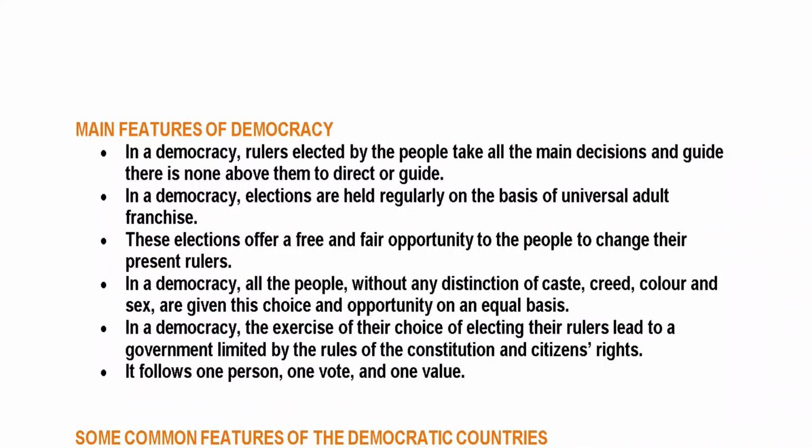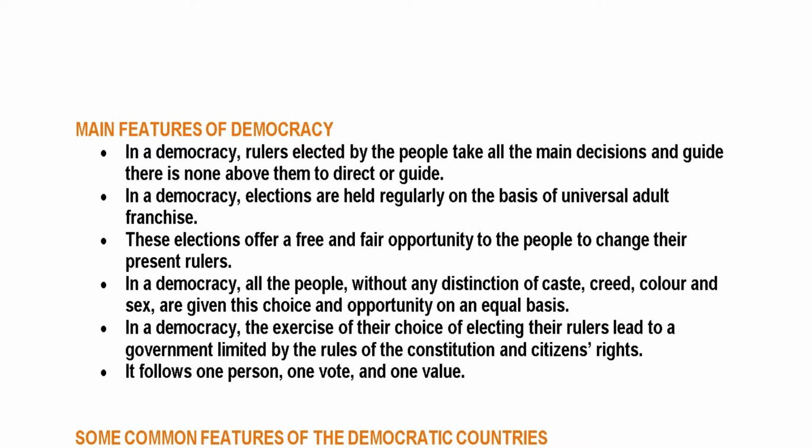Let's move to the main features of democracy. In a democracy, rulers elected by the people take all the main decisions. There is none above them to direct or guide. Next point, in a democracy, elections are held regularly on the basis of universal adult franchise.